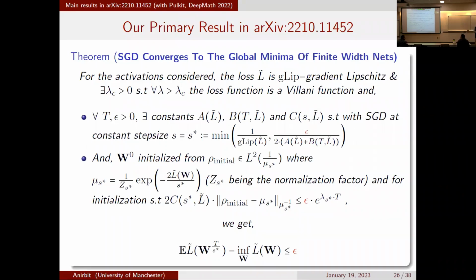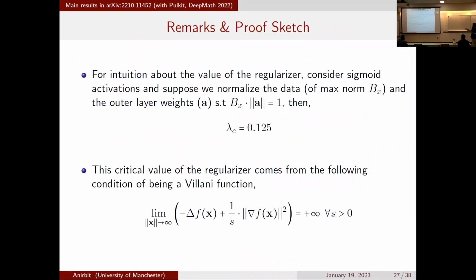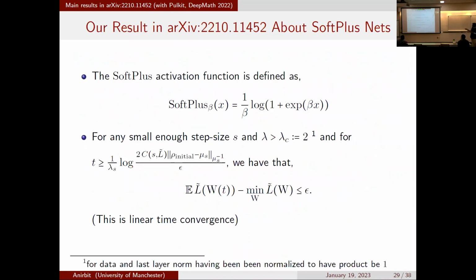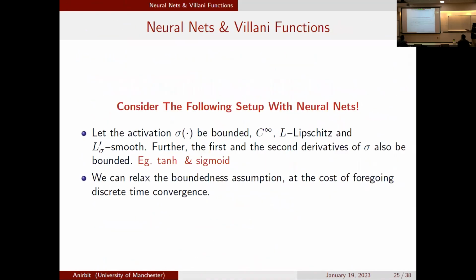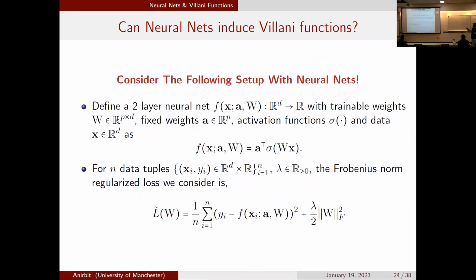Just a clarification: what is lambda here? Lambda is, okay, let me go back. This is the regularized loss function. Yeah, I'm using this Frobenius norm regularized loss function, so this is the lambda. It's not too big, and I shall explain that later on.